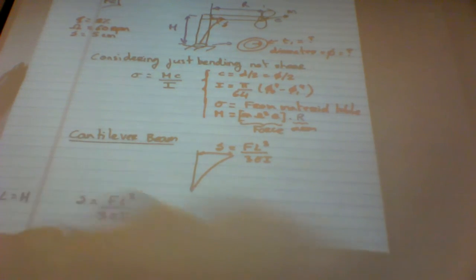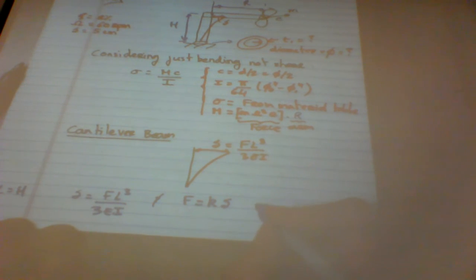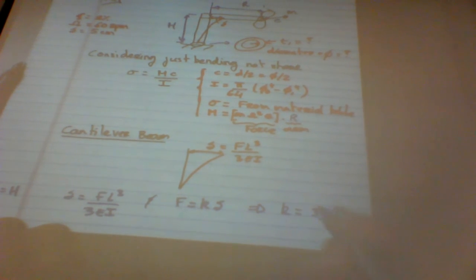The L here will really be H. Let's say force equals K delta. What would be K? K would be 3EI over L cubed, so really 3EI over H cubed.